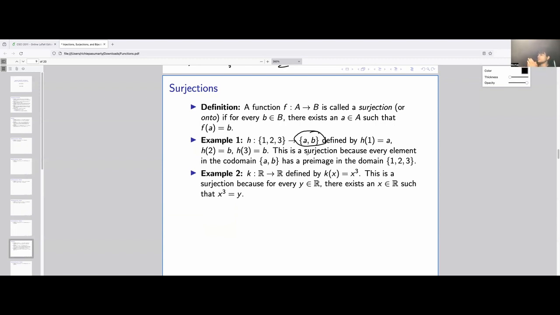Or if you want to say it in another way, this is a surjection because every element in the codomain has a pre-image in the domain. Okay.